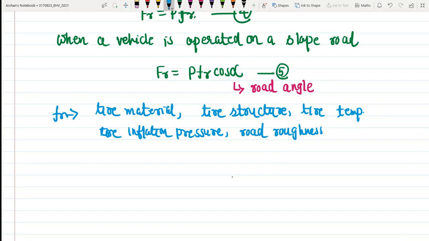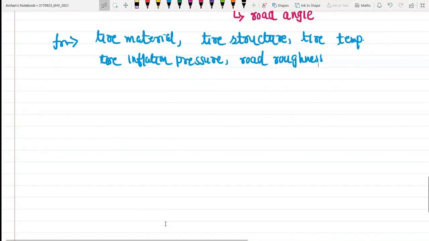Okay, and the typical values of this rolling resistance coefficient are already given in many data sets, right? So while modeling the electric vehicle, we will use this rolling resistance coefficient for different surfaces. What are the conditions and what are the surfaces? Let us have a look at that particular case.